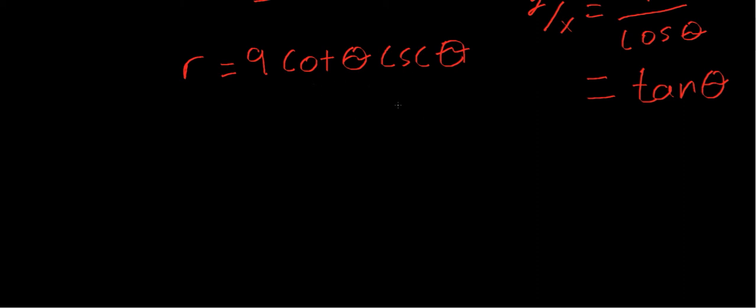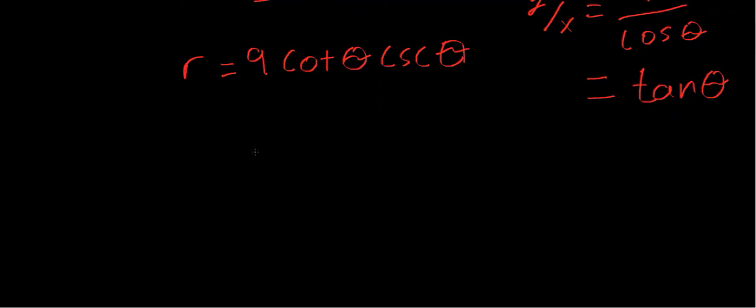I don't like working with cotangent and cosecant. Other people might, but I don't. So I'm going to get rid of these two terms. Looking at a table of identities that I pulled off of Google Images, cotangent theta is 1 over tan theta, and cosecant theta is 1 over sine theta. So I'm just going to plug those in to what we already have here.